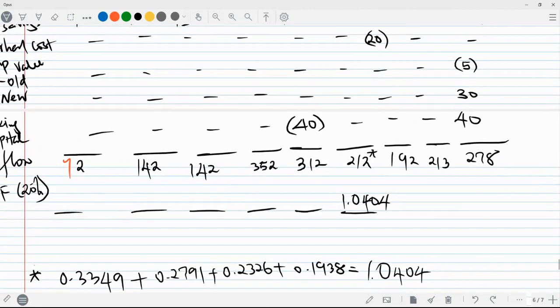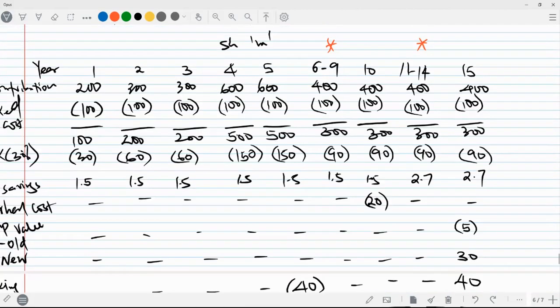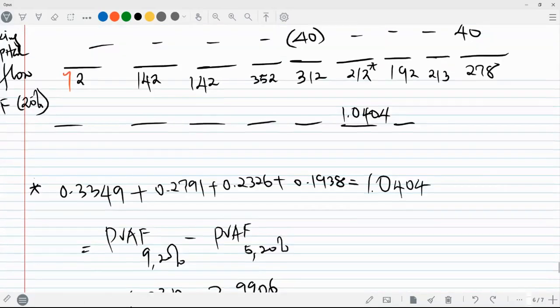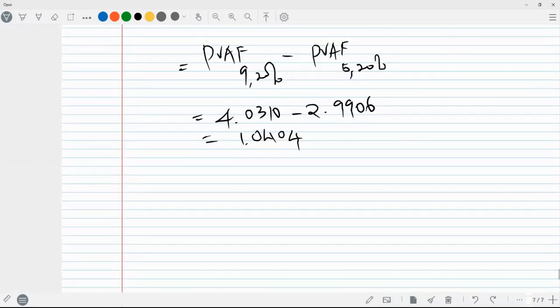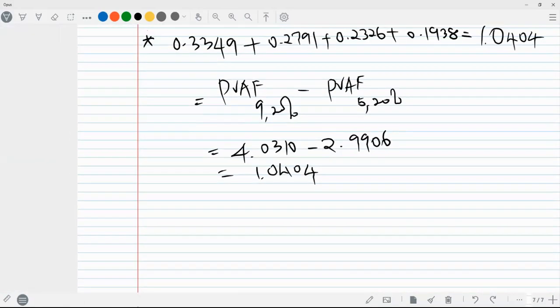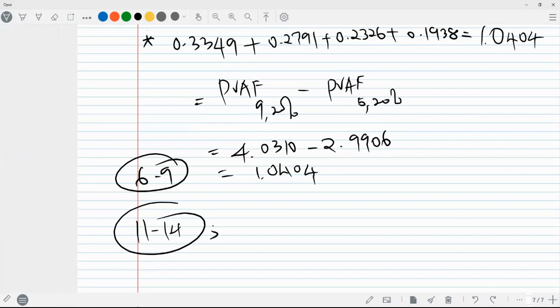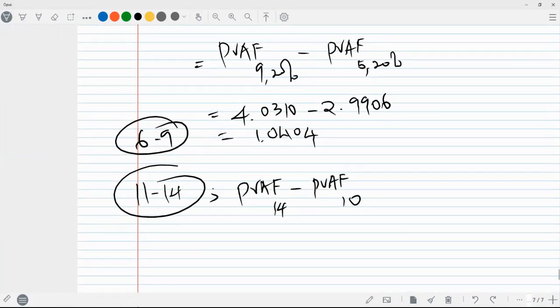Year 10, you discount the individual cash flow. The same applies for year 11 to year 14. So it's the same process: present value annuity factor for 14 years, minus the present value annuity factor for 10 years, because year 10 is not part of it. Don't forget, 20%.